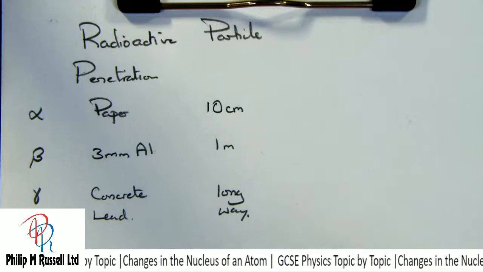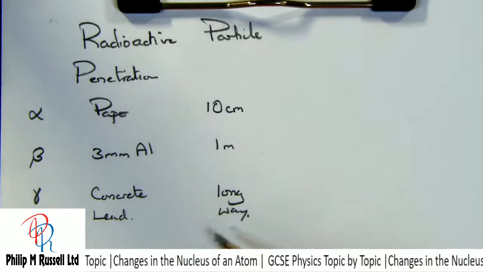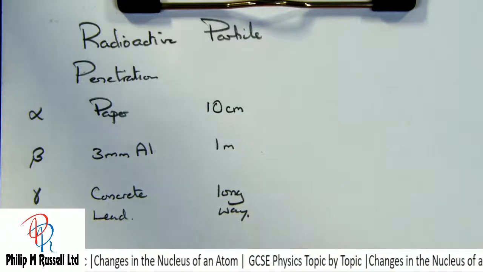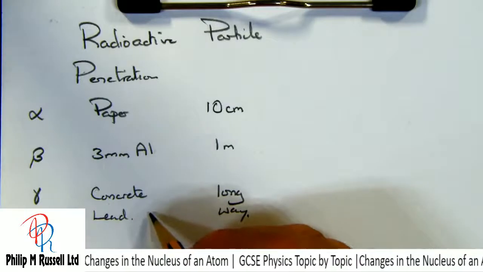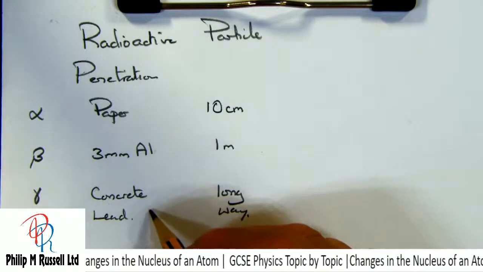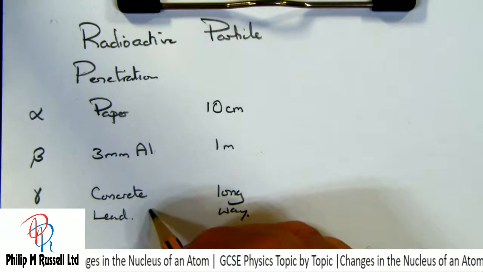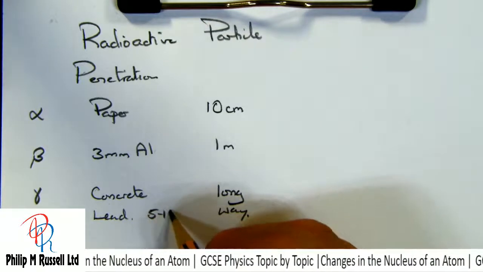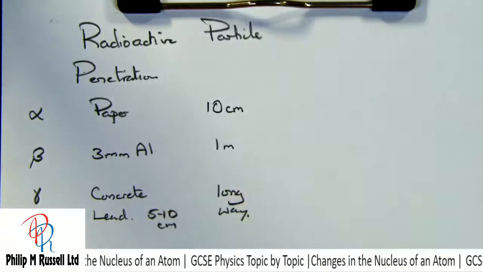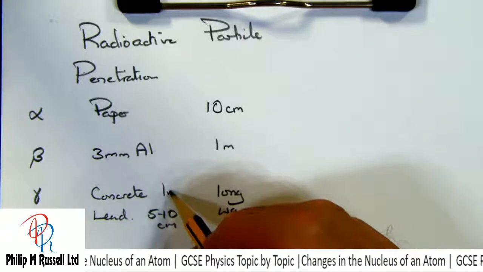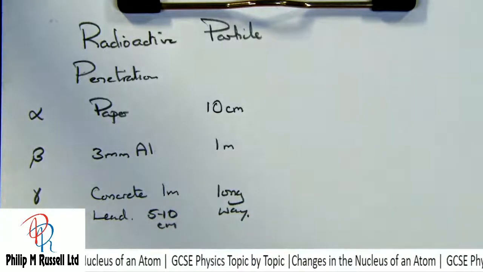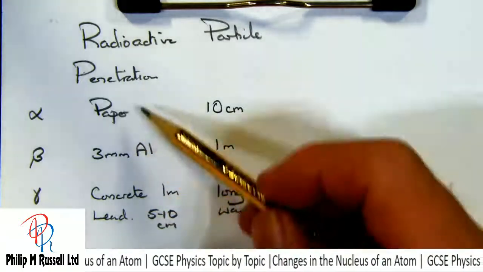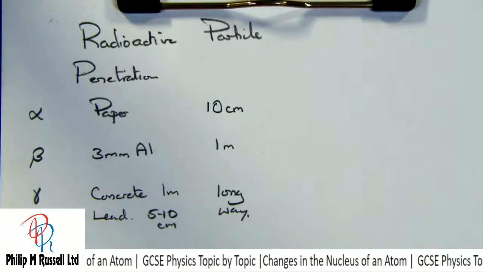So here, these will spread out in air. We can get through lead, probably it needs, I don't know, several centimeters of lead. Let's say 5 to 10 centimeters of lead would stop it. Maybe concrete is about 1 meter or so. So we've got a difference in scale of the power.